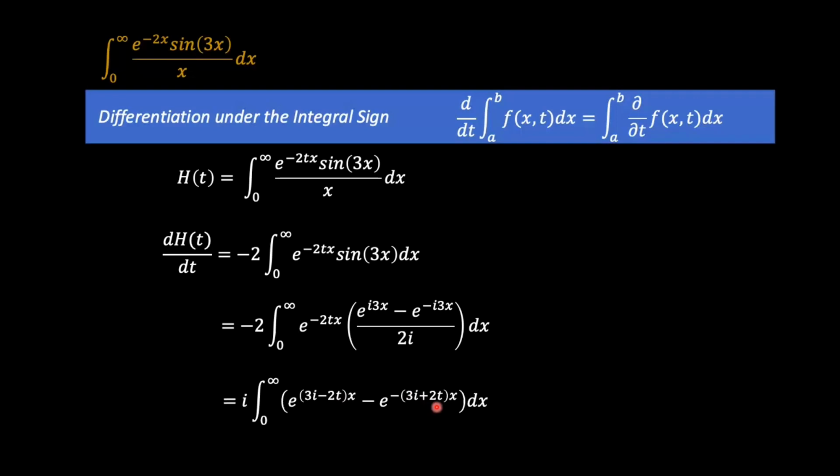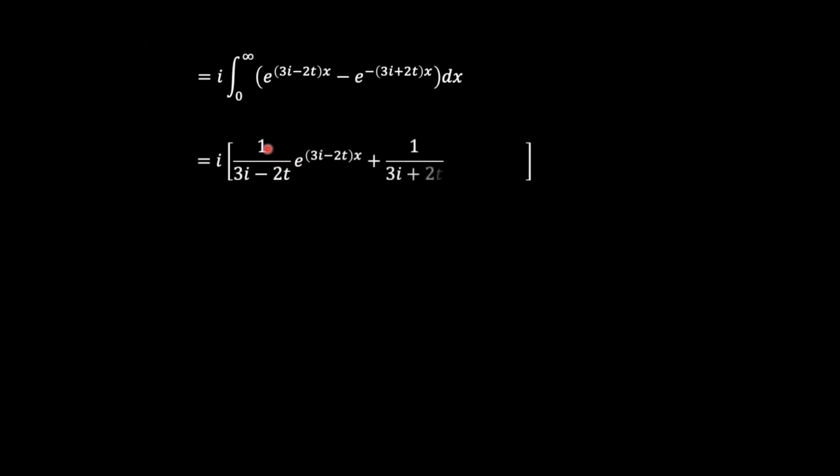Very interesting. So we can easily integrate this. Integrating these exponential functions results in 1 over (3i minus 2t) times e to the power (3i minus 2t)x plus 1 over (3i plus 2t) times e to the power negative (3i plus 2t)x, from 0 to infinity.